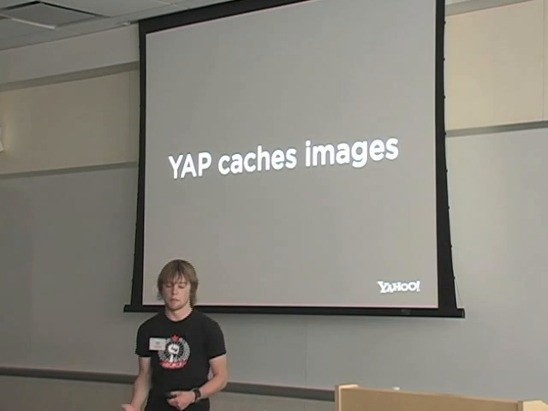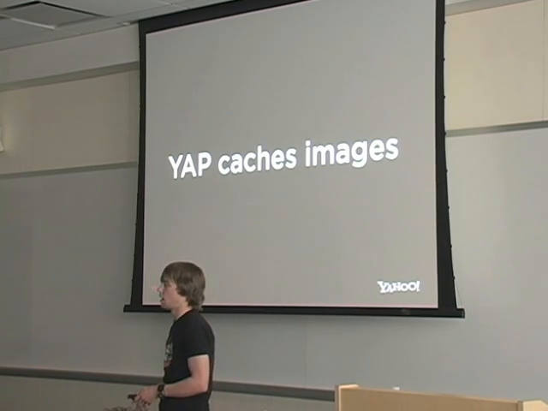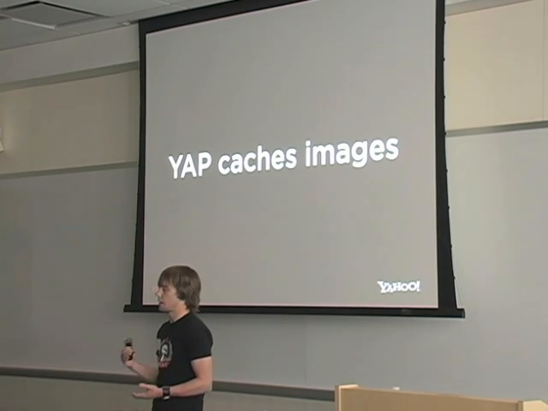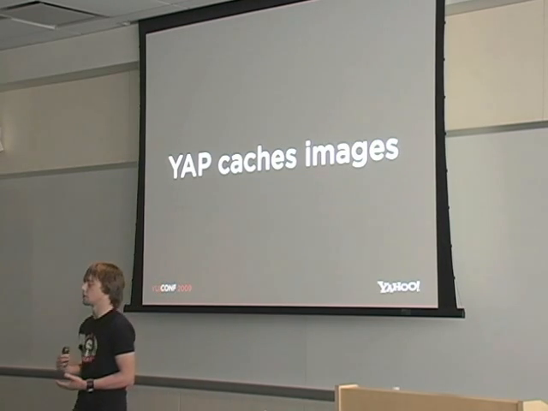So basically we take all the images that you give us and we'll rewrite them into images that are hosted on Yahoo's infrastructure. So this is great for you because we kind of host all of your images that you use in your application for you.